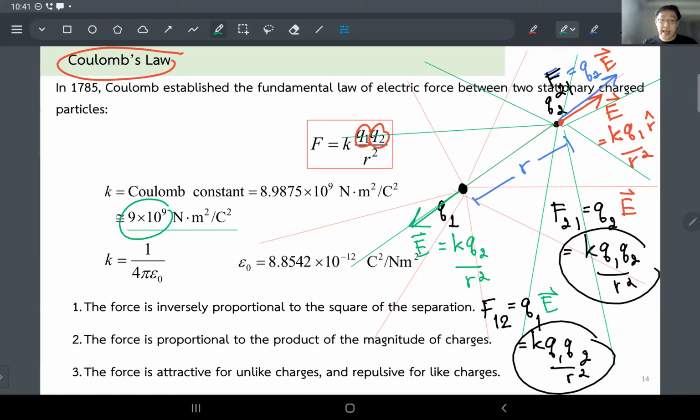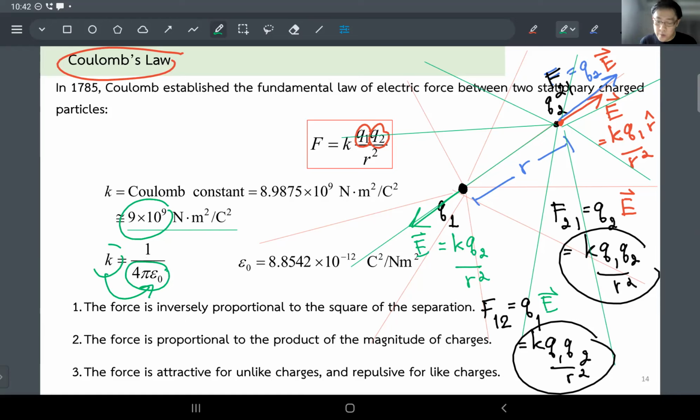In the future, which is maybe next week or the week after, we can re-express K in terms of another fundamental constant of the universe, but that's for later. For now, the only thing you need to know is that there is another way to describe K, the Coulomb constant, in the form of 1 over 4 pi epsilon naught. 4 is a constant, pi is a constant, and epsilon naught is another constant.